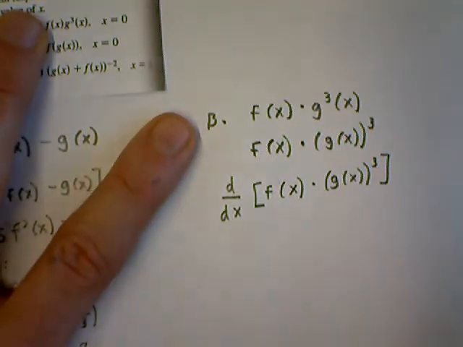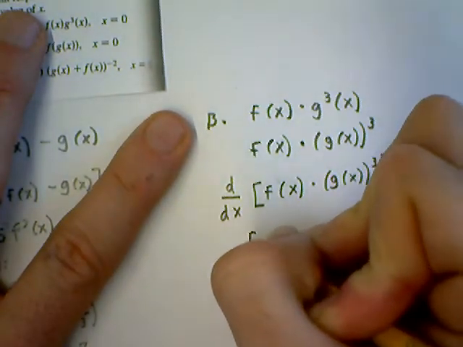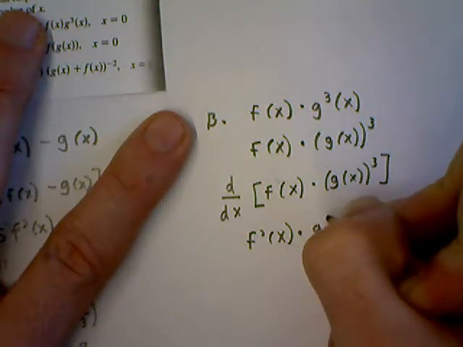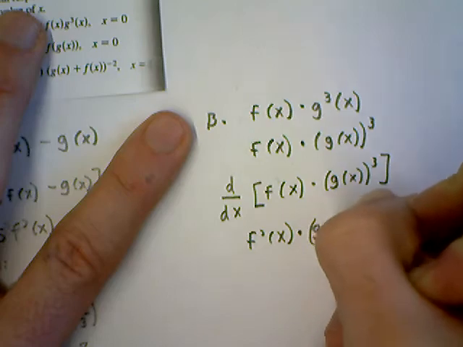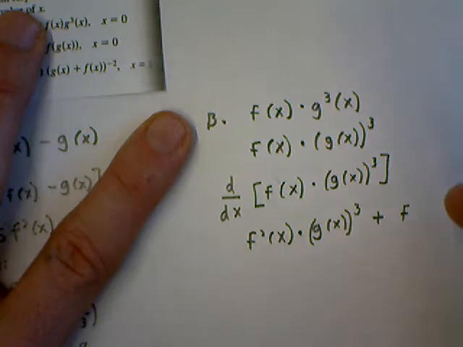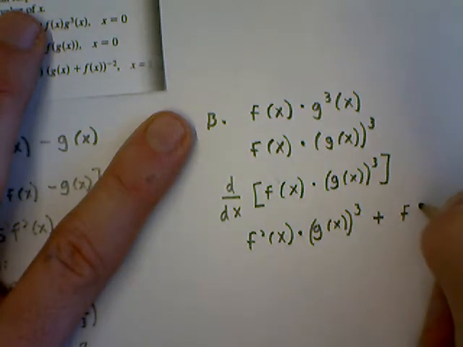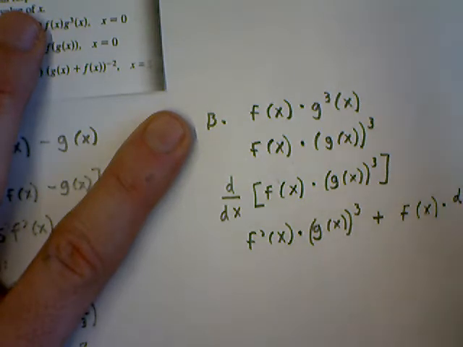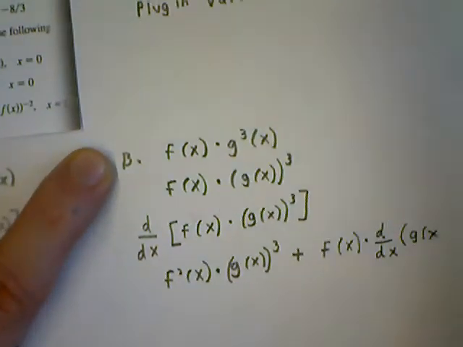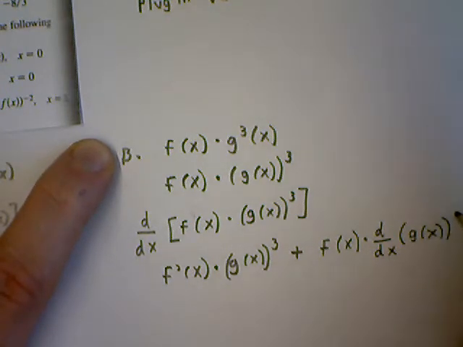All right, so that means I'm going to take the derivative of f of x and multiply it by g of x cubed plus f of x times the derivative with respect to x of g of x cubed.